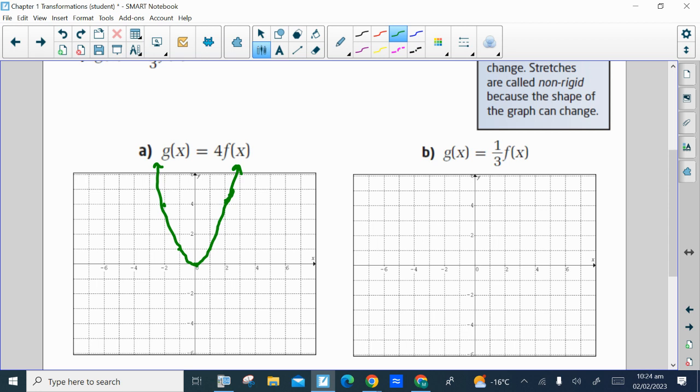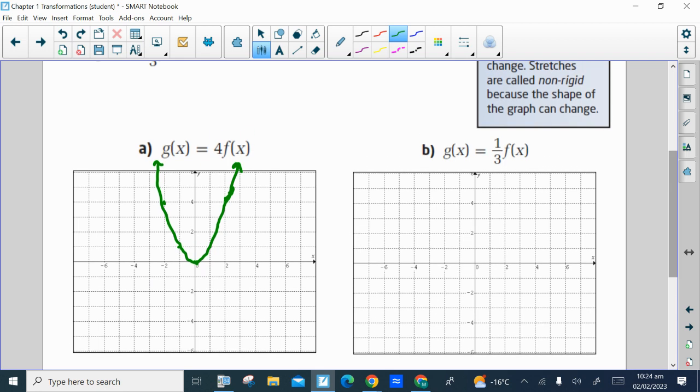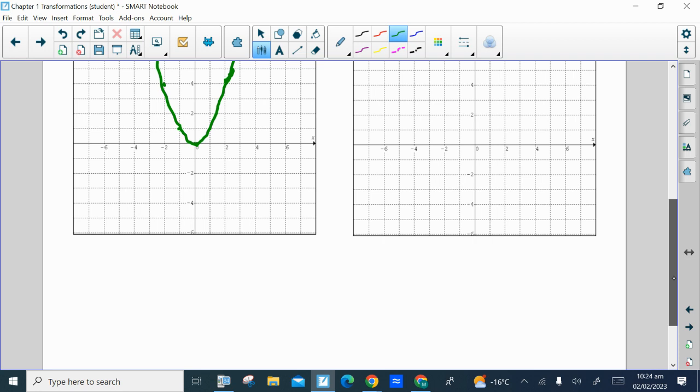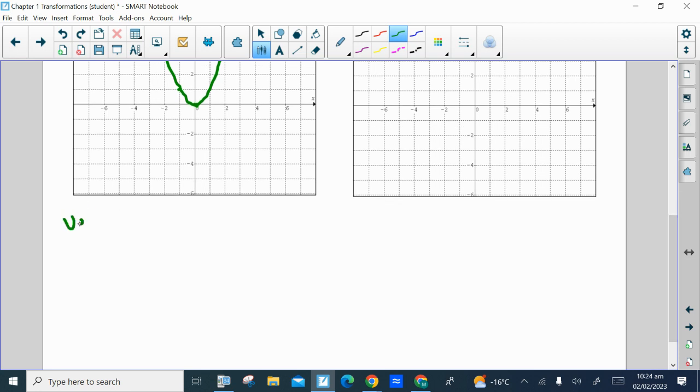And now we want to do g at x, which is 4 times f at x. So again, where is that 4? It's in front of the f. That means that it is an a value. We have an a value of 4 here, which means we're going to have a vertical stretch by a factor of 4.